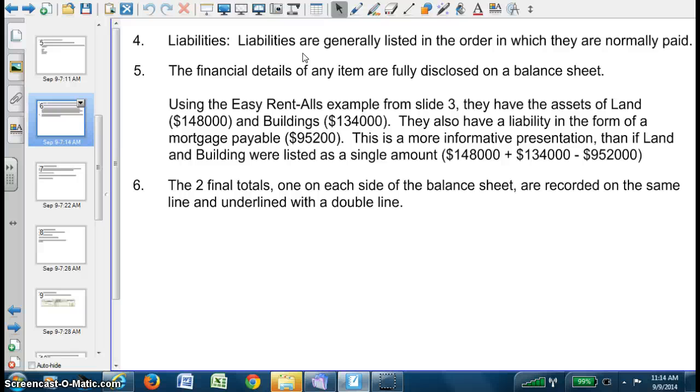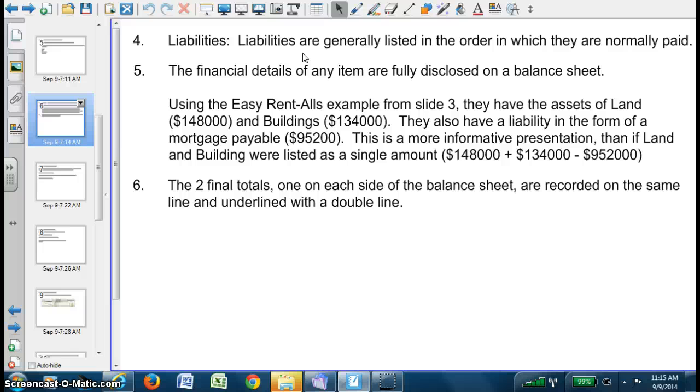For example, when we look at the business balance sheet for Easy Rentals from slide number 3, they have assets listed for 148,000. Their buildings are worth 134,000 under assets, and then they also have a liability in the form of a mortgage payable in the amount of $95,200.